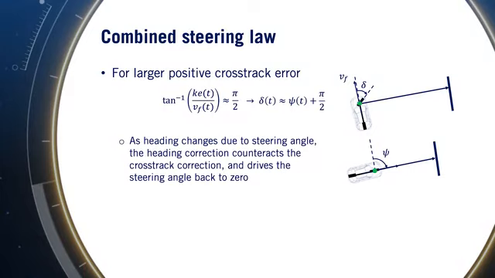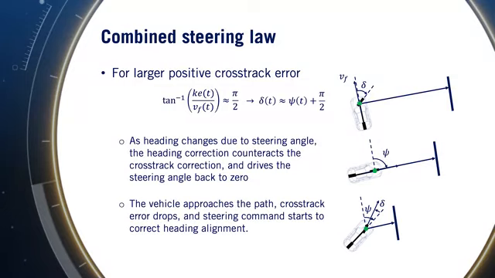The effect of this turn is to increase the heading error in the opposite direction, and so the steering command will drop to 0 once the heading error reaches -pi over 2. The vehicle then proceeds straight to the path until the cross-track error decreases. At this point, the heading term starts correcting the alignment with the path again, and ultimately the vehicle starts to track the path more closely.